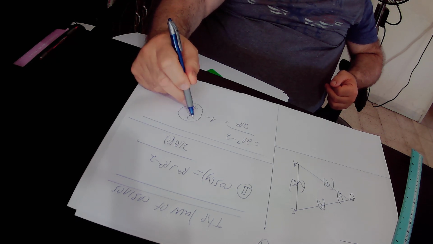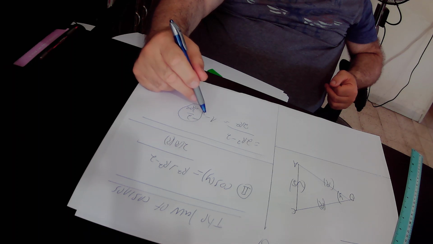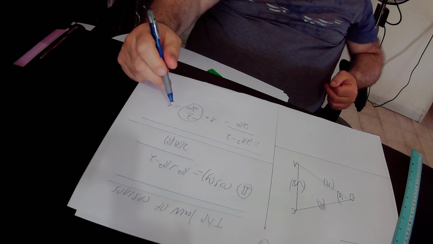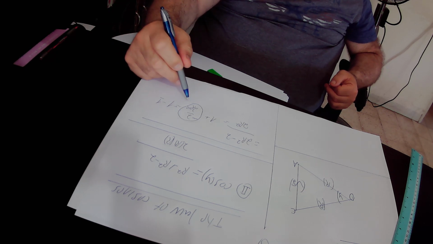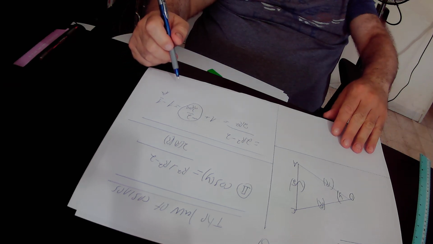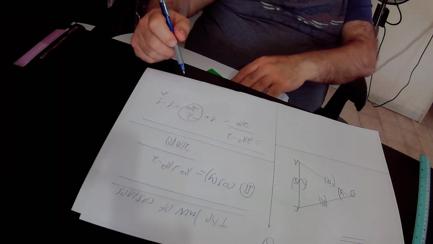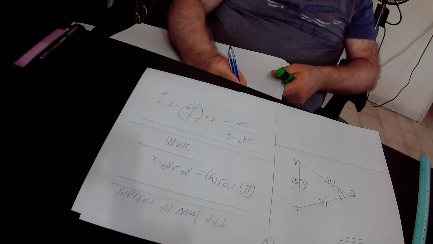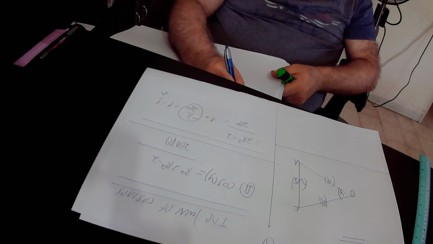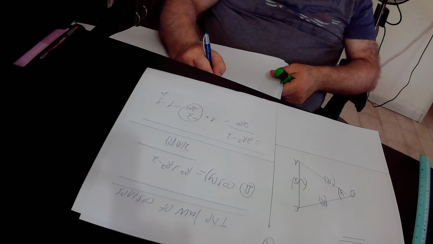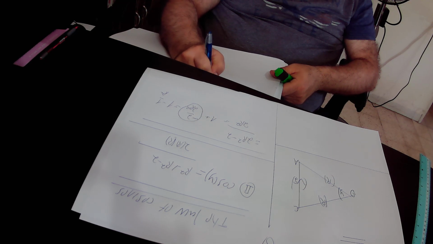Here we divide both the numerator and the denominator of this expression by 2, and we get that minus 2 over 2 is minus 1, and 2R squared over 2 is R squared. So in conclusion, according to equation 2, cosine y equals 1 minus 1 over R squared.